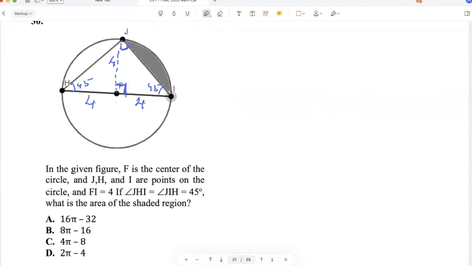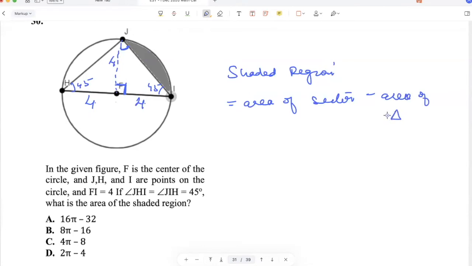So if this is 90, then the shaded region will be the area of the sector minus the area of the triangle JFI, right? Because if I take the sector and subtract from that the area of the triangle JFI, then I get the shaded region.